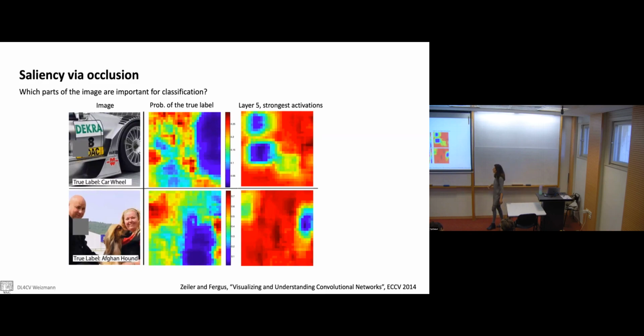And you can see again here, another example. So the probability drops when we block the true object class, this dog. But again, layer 5 here fires on the face. Is that saying that layer 5 is more specifically targeted at finding Pomeranians or things with faces than these other images?